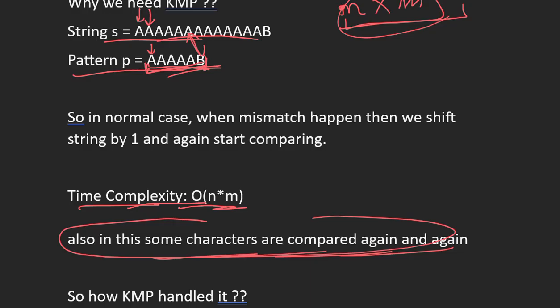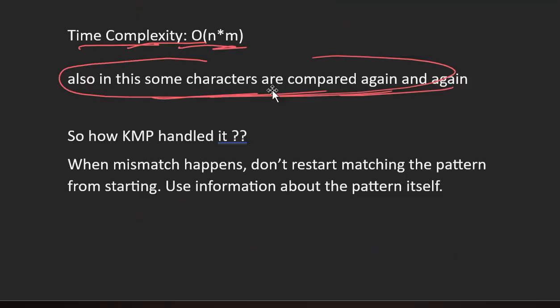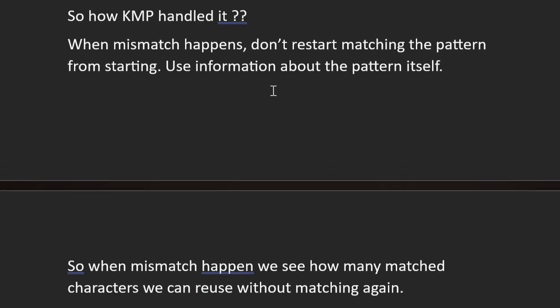Initially we have matched these five characters, and then the sixth character is mismatched. So instead of matching these four A's again, can't we reuse them? So let's see how KMP will handle this.